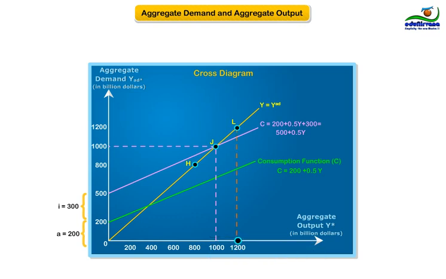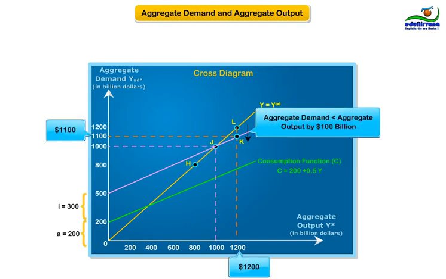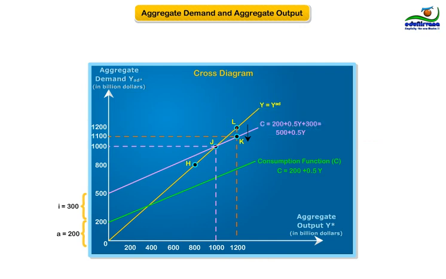At this level of output, aggregate demand is $1,100 billion, that is, point K, $100 billion less than the $1,200 billion of output, that is, point L on the 45 degrees line.